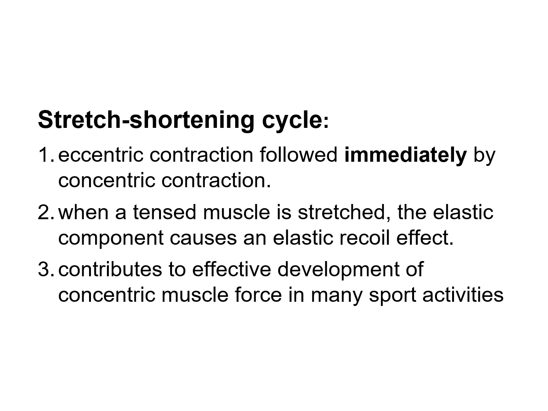Okay? So a tense muscle is stretched, and that provides elastic energy or strain energy into the muscle, and this causes an elastic recoil effect. You stretch out the rubber band and you let go, it collapses in on itself. This contributes to effective development of the concentric muscle force in many types of sports.